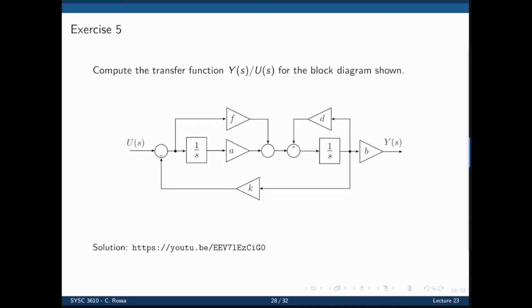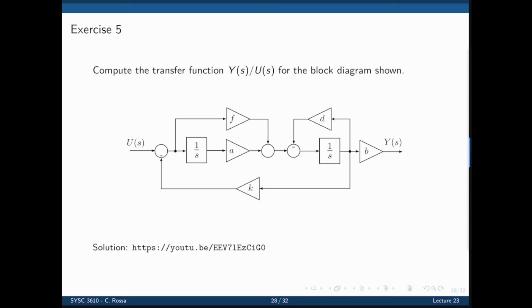So let's go through that. What is the first step in this? Is there anything we can simplify already? At the beginning, a times 1 over s. A times 1 over s can be put together in one block. Pretty good. What else can we do?